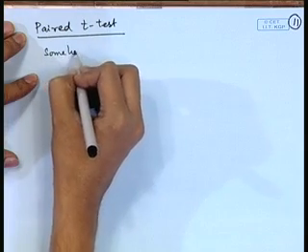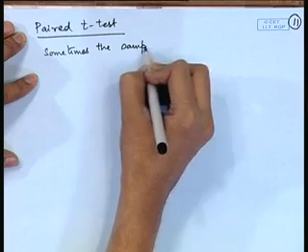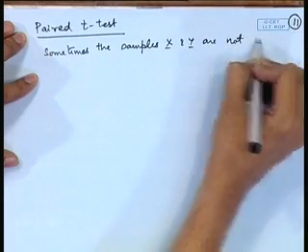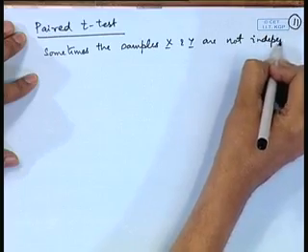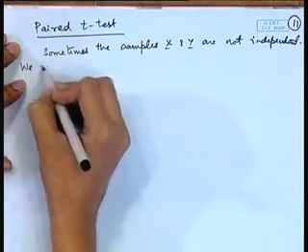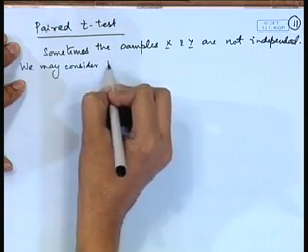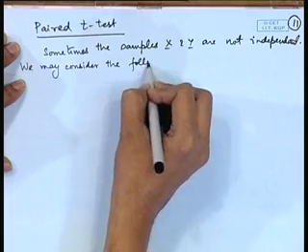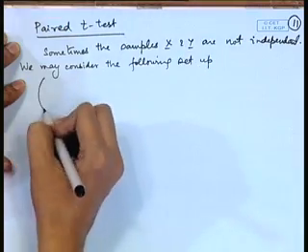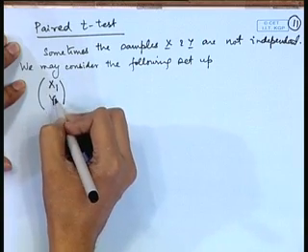So, sometimes the samples x and y are not independent. So, we may consider the following setup. So, we may now consider that x1, y1, these are observations on the same entity.